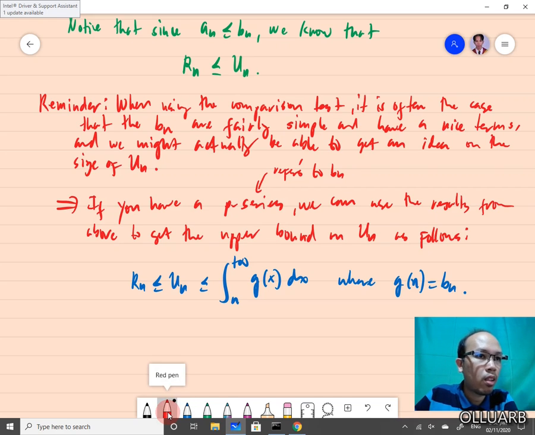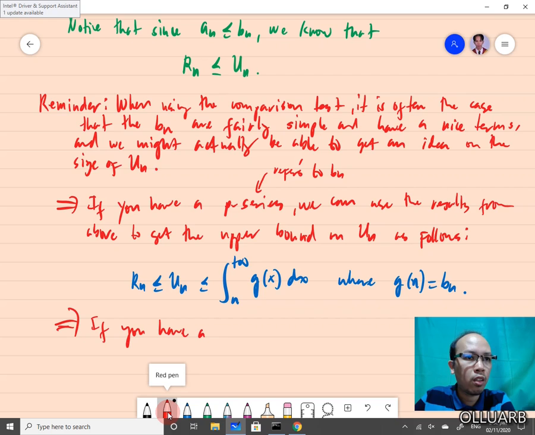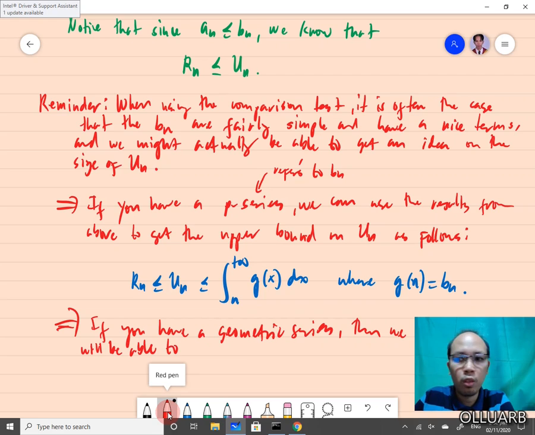So if you have a geometric series, then we will be able to compute u sub n exactly.